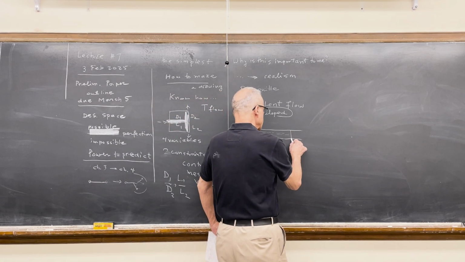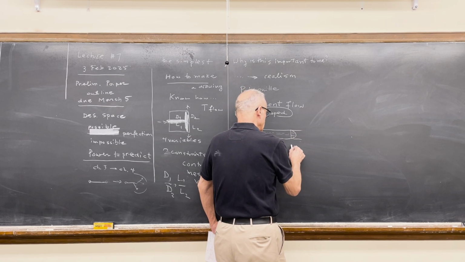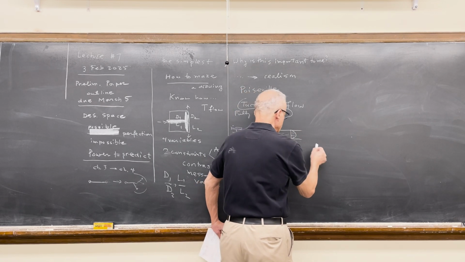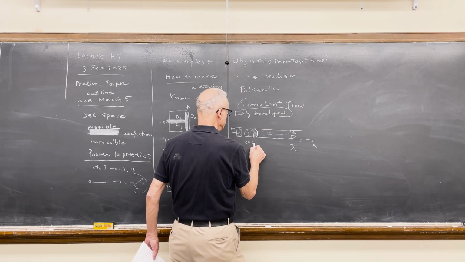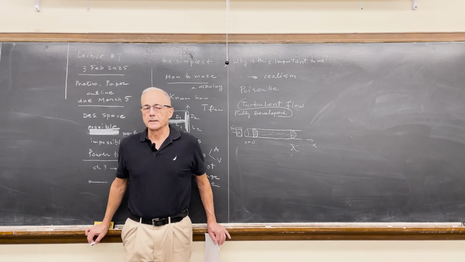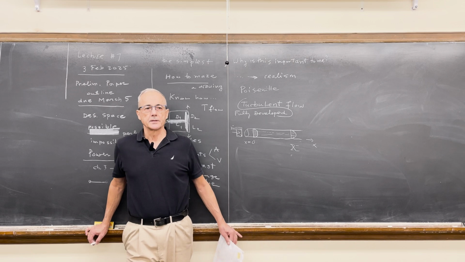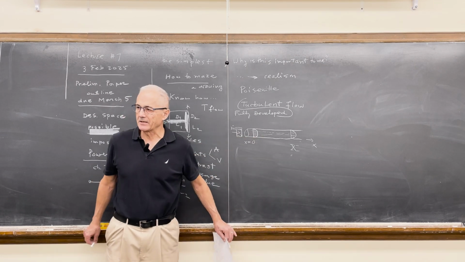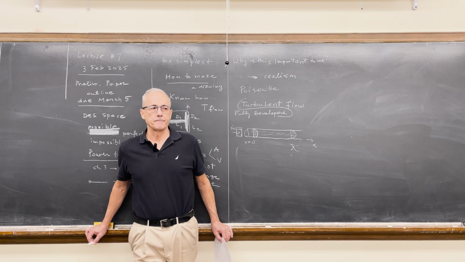They meet at a distance downstream called entrance length. So if this is x and this is x equals 0, the entrance length is the length along which the flow is developing. It is changing from one x to the other.